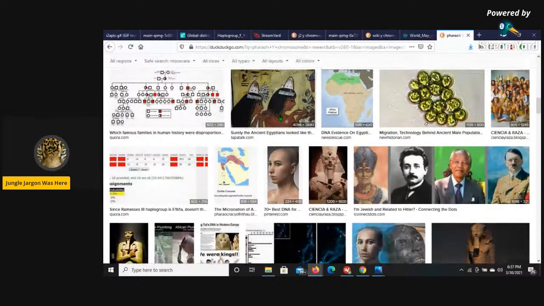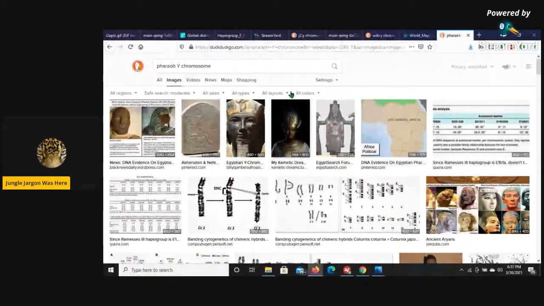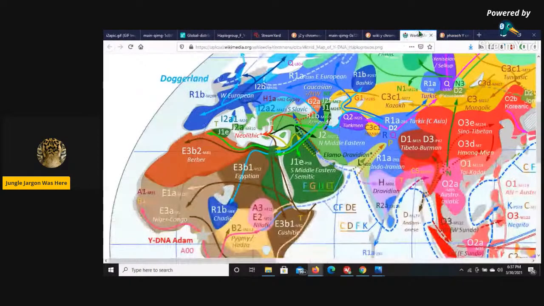But it matches up with known human history. The evidence of the Y chromosome matches very well. We have the Elamo-Dravidians. That's the Elamites, who are from right here. Except the Elamites are not an L Y chromosome. The L Y chromosome is Japhethite.